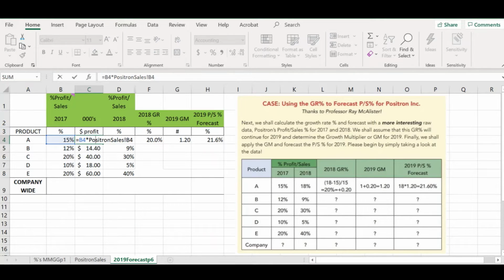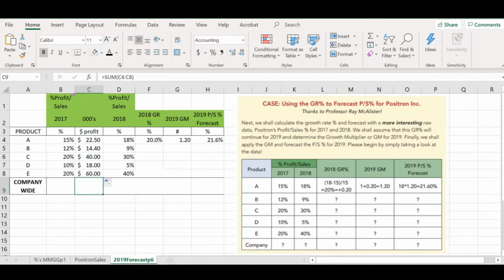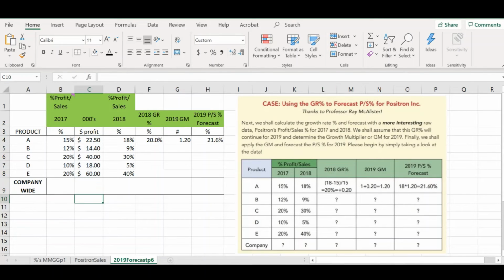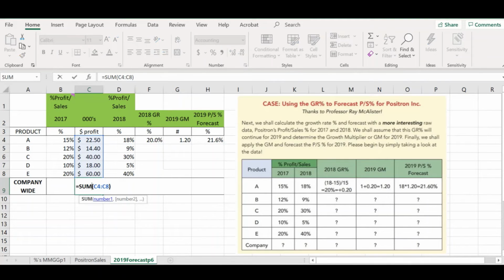So if I get this number right, I can then copy and paste this down, right? But I cannot copy and paste something here because I actually need to sum all of my profit from each product. I have to sum all the product profitabilities. And then that way I have the profitability company-wide.